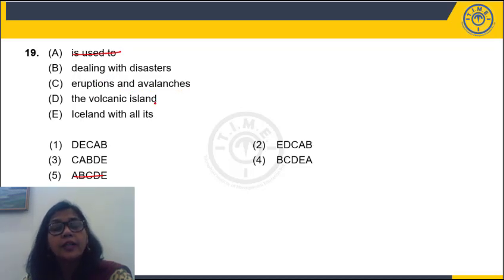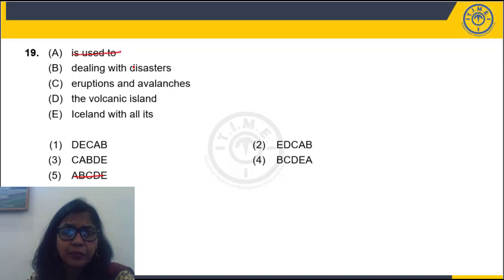The volcanic island, Iceland with all its. Otherwise also, okay, Iceland with all its is used to. The sentence is all mixed up, right? Ruled out. C, eruptions and avalanches is used to, plural is, doesn't match, ruled out.